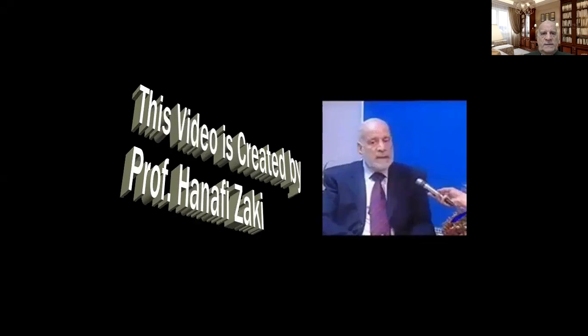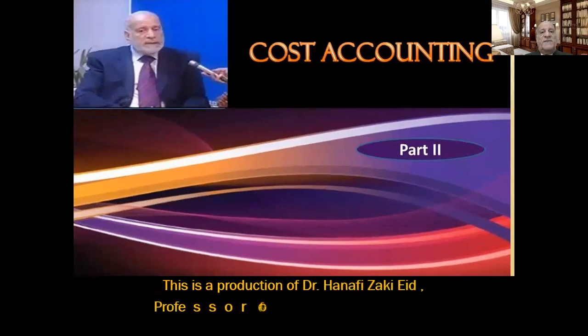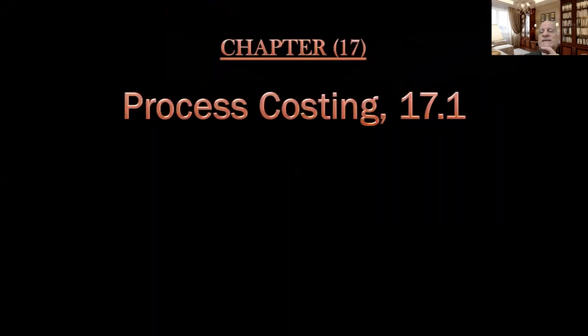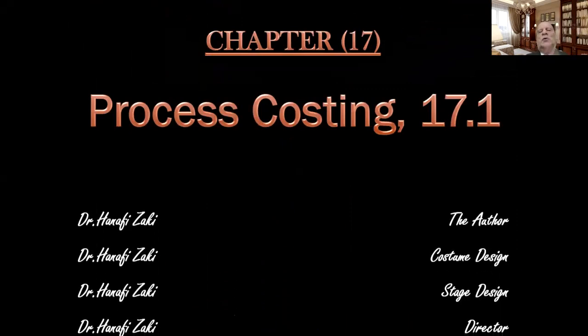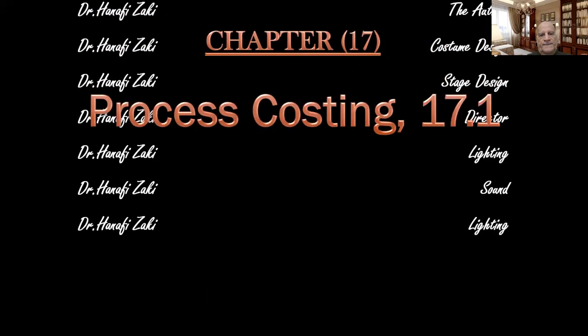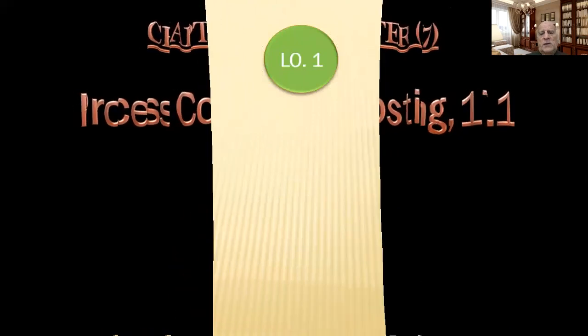Hello dear students, this is my 5th online session in which I will explain the first part of chapter 17, that is process costing with no beginning work in process inventory. Learning objective number 1.